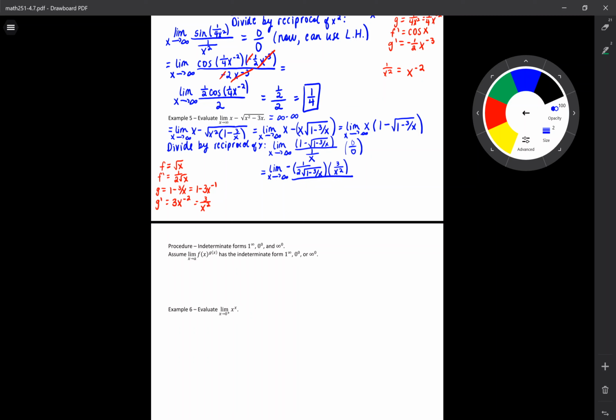And the derivative of the bottom here is negative 1 divided by x squared.